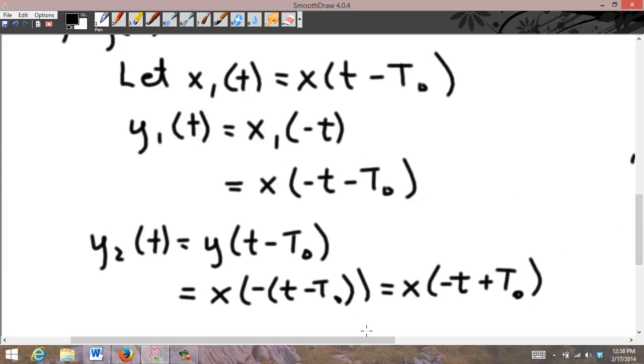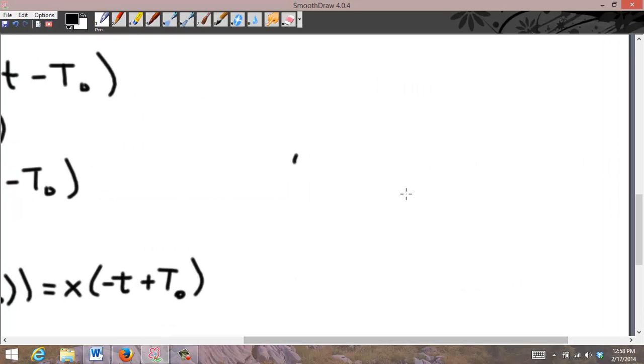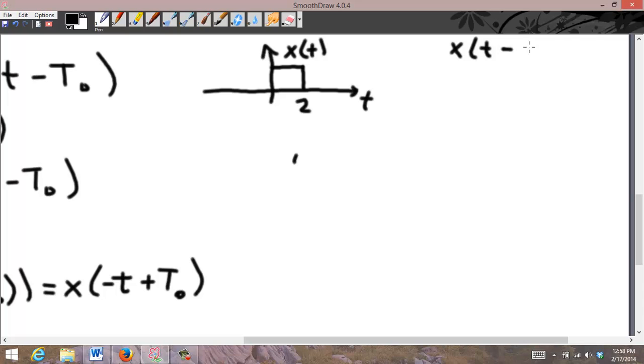And then, as we talked about in class, you can think about this graphically. If we have our original signal here, let's just make it a little box, goes out to 2. This is x of t. x of t minus t naught will be that same function shifted over.